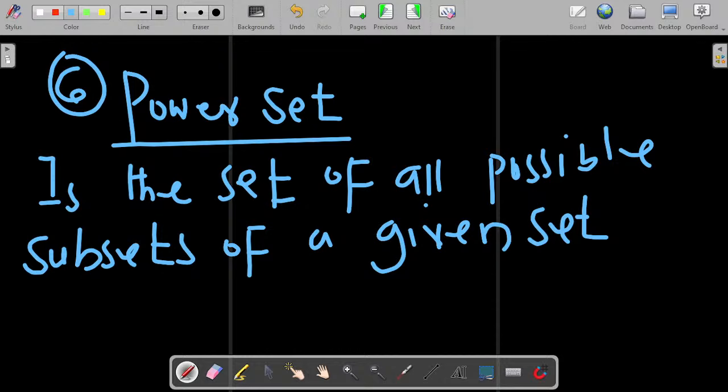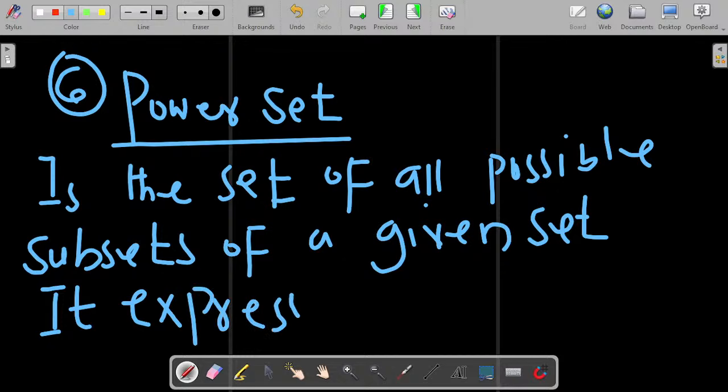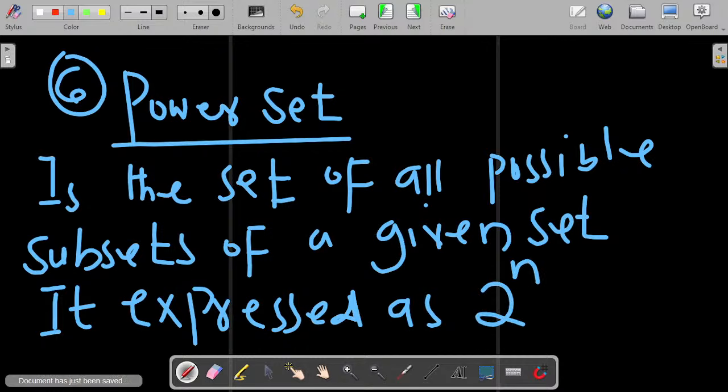So, for instance, it is expressed as 2 raised to the power n. That's how you get a power set.